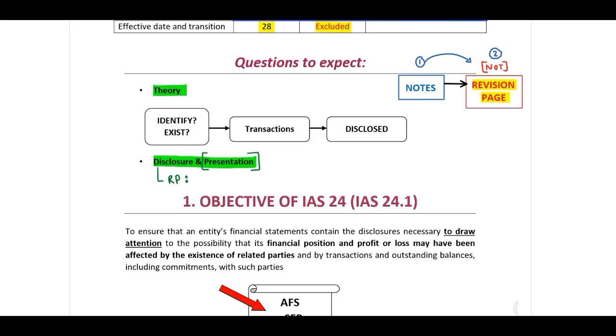It will be included in a note, therefore disclosed. But guys, it will be included in total amounts on your statement of financial position or your profit or loss.